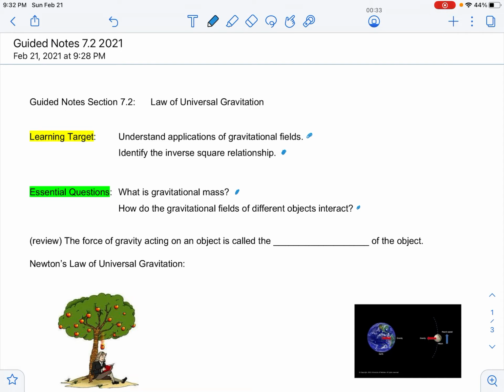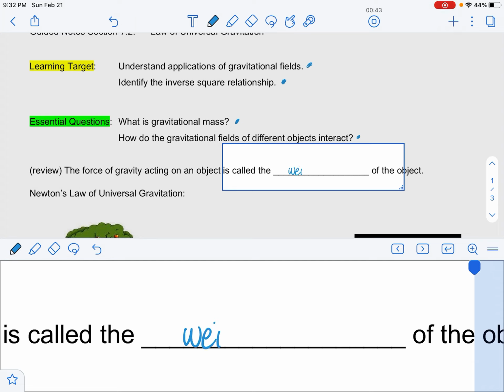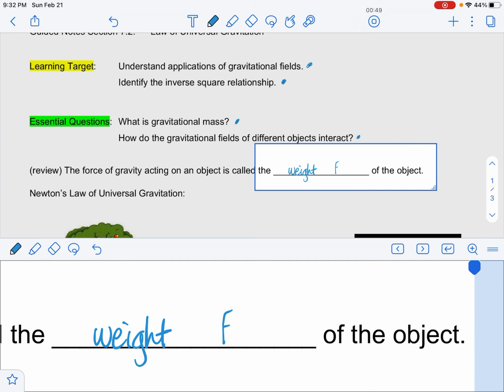Remember when we talked way back in first semester about the force of gravity acting on an object, we called that the weight of the object. And we said that this works as long as you're on the earth, right? And we had a formula, Fg equals mg.